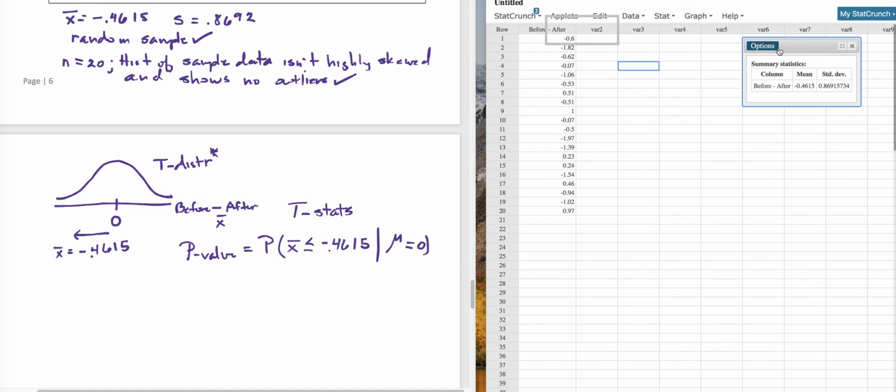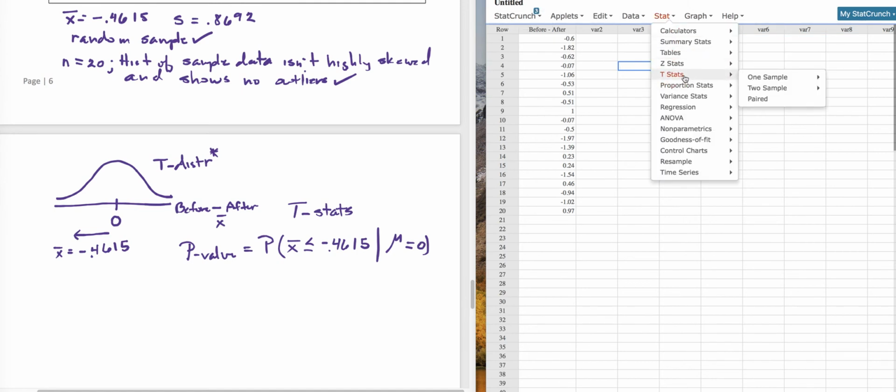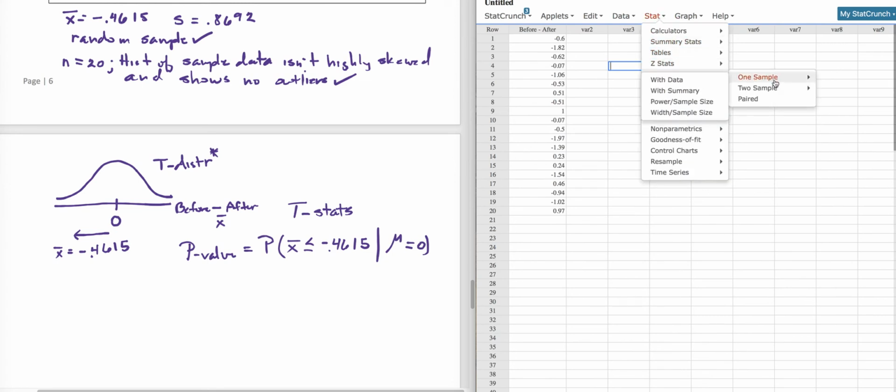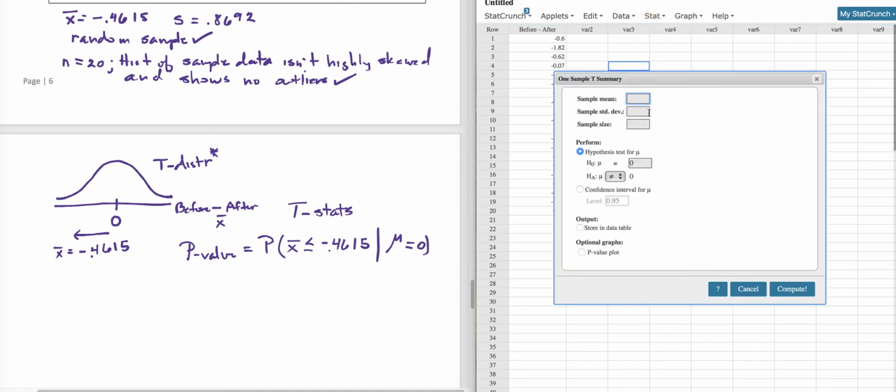So over to the side here, t-stats, we are picking one sample. I know there were 2 populations and 2 samples to begin with, but because they were matched pairs, we combined them. There's only one sample of data that we're using. Now, actually, we've always been picking with summary for this, so I'm going to go ahead and pick with summary.